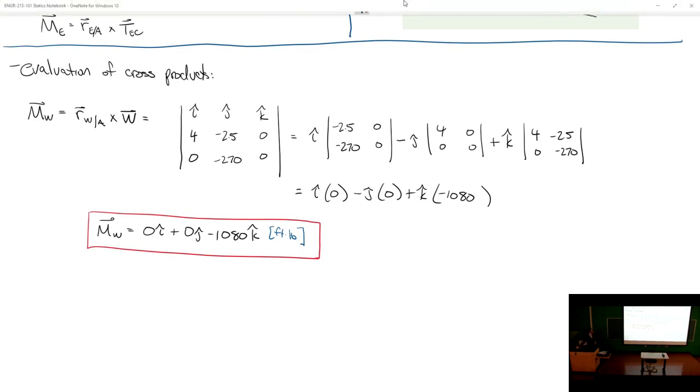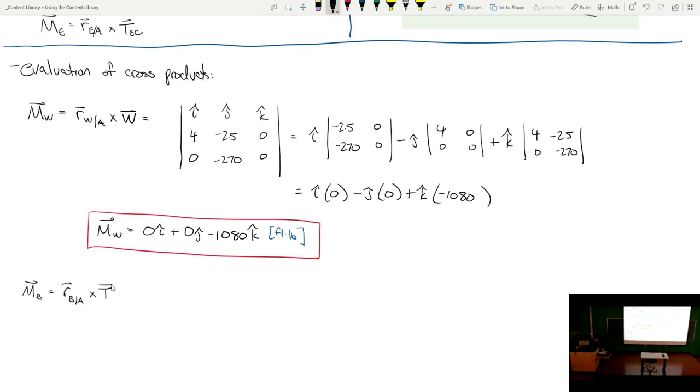Okay, now, the next one I want to take some time with. Now, the next one, let's do the moment from B, right? And so I think we had described that one as R_BA cross with T_BD.